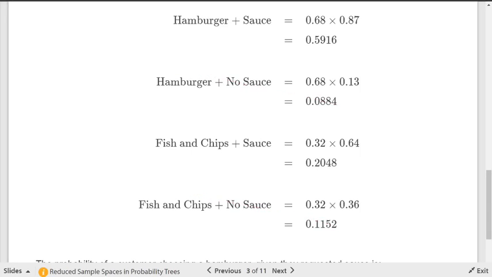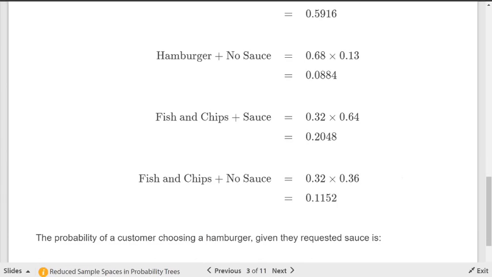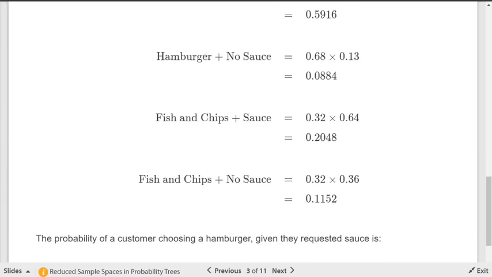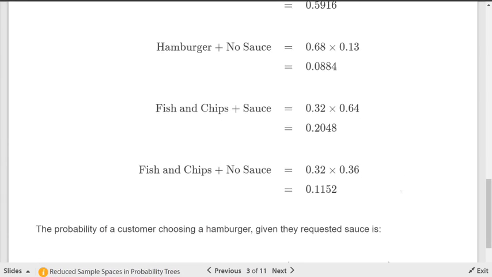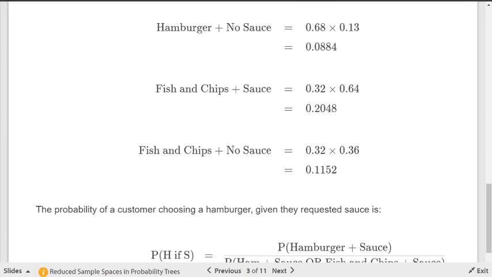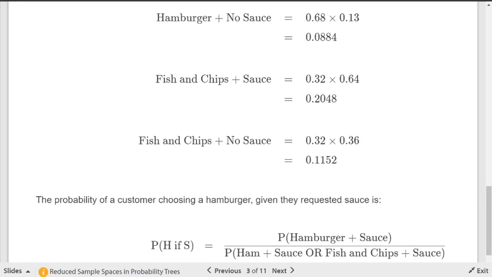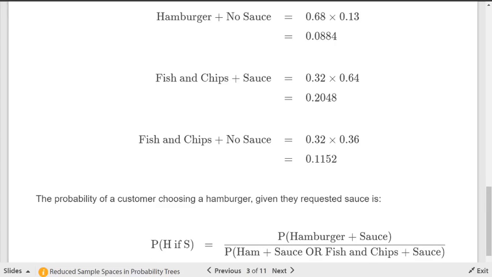No. Okay? All right. The probability of choosing a hamburger given that they requested sauce is simply the probability of hamburger and sauce, right, over the probability of anything with sauce. So you can either get a hamburger with sauce or what? Fish and chips with sauce. And that's an or, which means you're going to be doing what to those two probabilities?